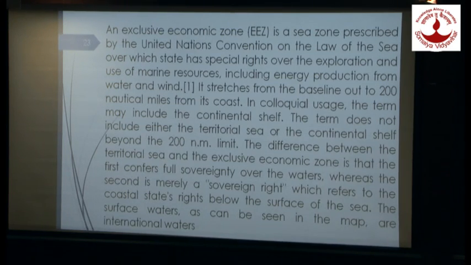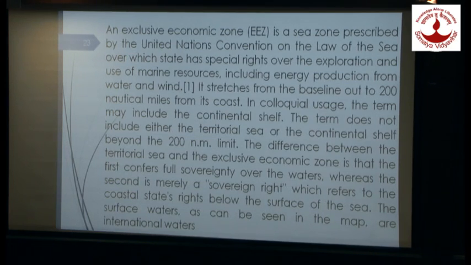So any country could come near your country, exploit the resources or go fishing and take away the resources. But later on, after World War II, the UN was also very active in this. They formed what is called EEZ, that is Exclusive Economic Zones.